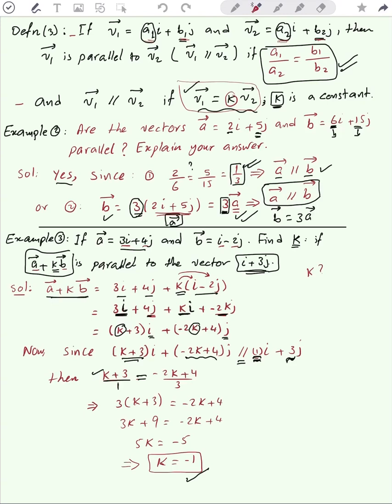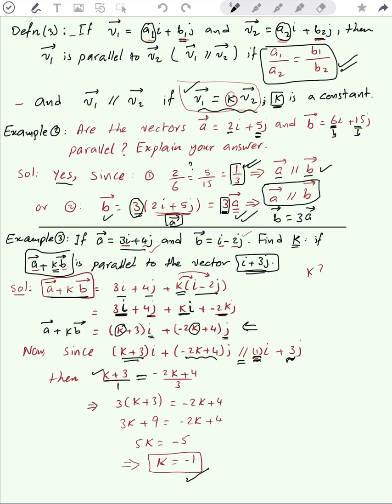We will do only one main step. We'll start with the vector that he gives us, A plus kB. Just write A in ij notation like he gives us in the question, and B as well. By expanding k in this expression, we get A plus kB is equal to, and this is the main step in the question, we write the vector in ij notation, i component plus j component.